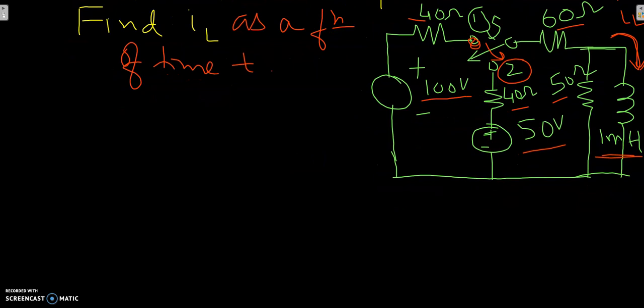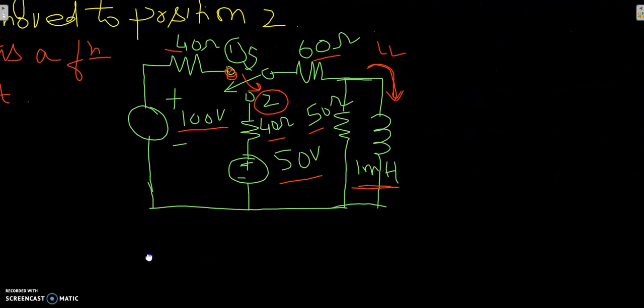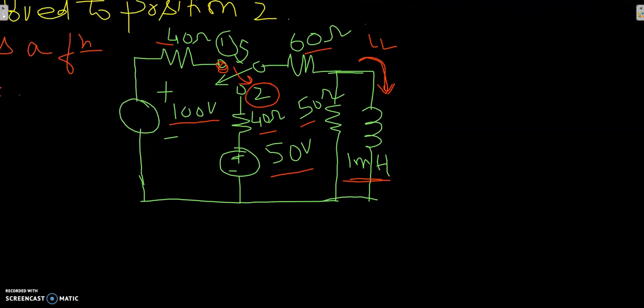Now let me draw this circuit once more. This time the switch is connected at position 1 for a long time. In that case, we have this DC supply and a resistor, and the switch is at position 1.